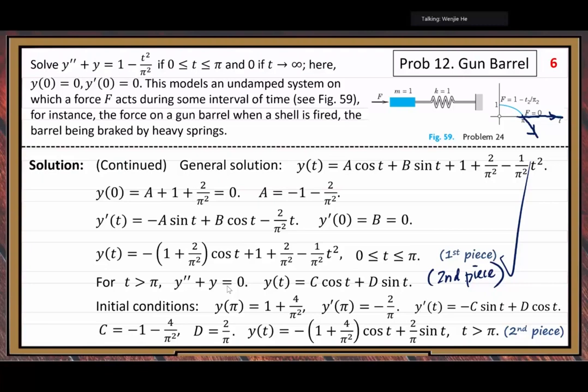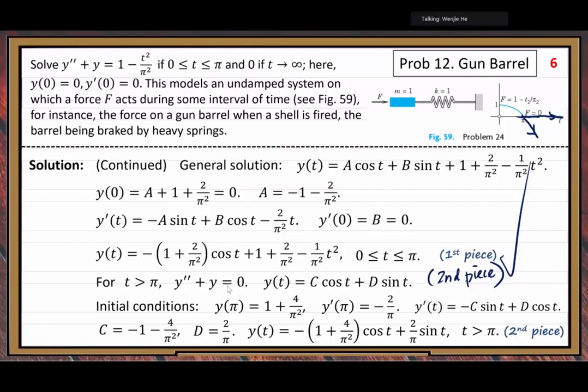We get this y prime. Because for the second piece, C, D are undetermined, we cannot calculate y prime. We can only calculate it from the first piece. So why can we use the y prime of pi from the first piece as one of the initial values for the second piece?